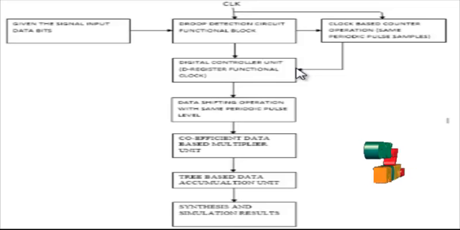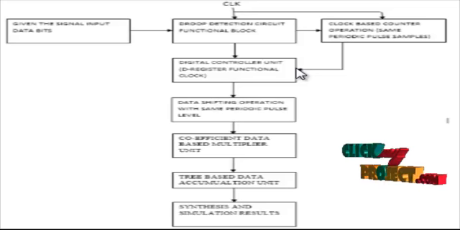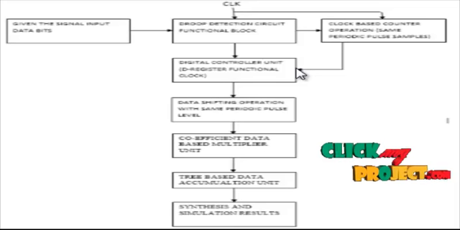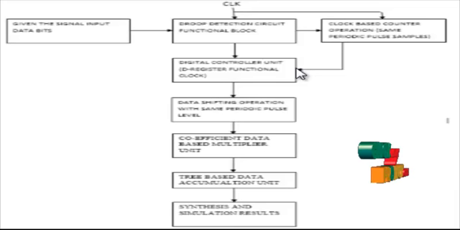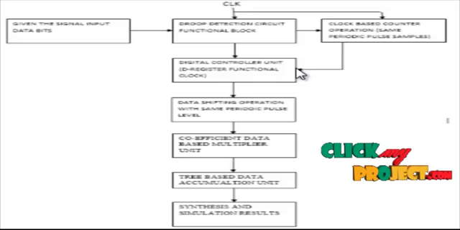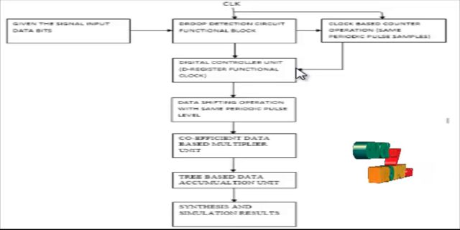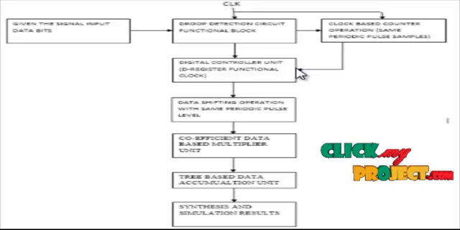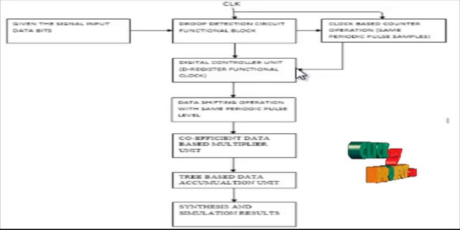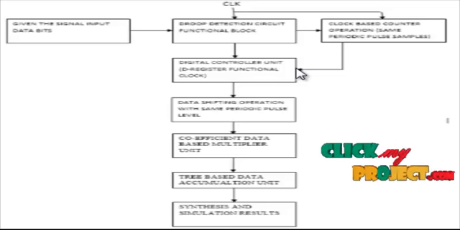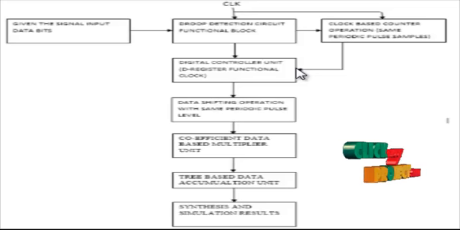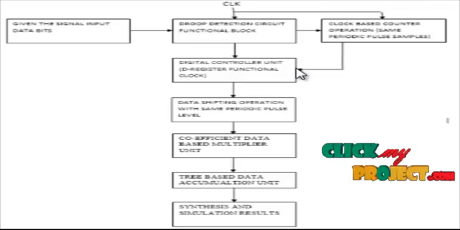For the multiplier development we use the Vedic based architecture, and the tree based data accumulation unit uses the carry look ahead adder architecture for the overall addition process. These two kinds of process reduce the overall circuit complexity, and the trap detection process reduces the power consumption for the overall FIR filter architecture. This is the flow diagram for the minimum energy tracking sensing architecture.